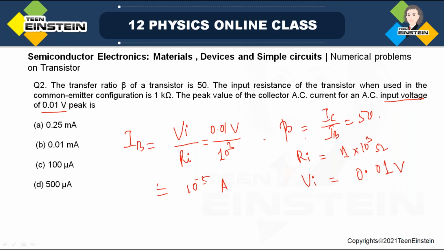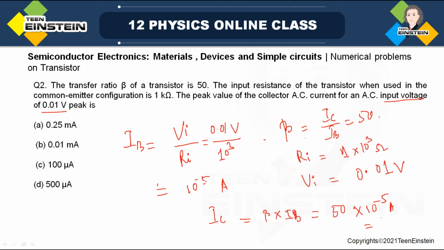Now we'll calculate IC. IC means beta into IB. So beta is 50, and IB is 10 to the power minus 5 ampere.